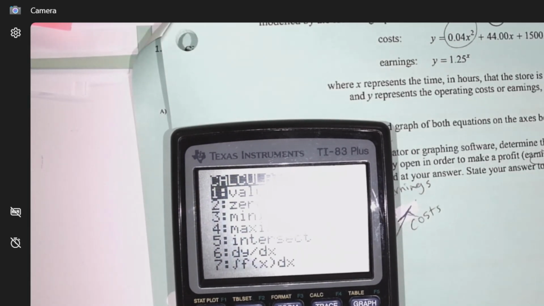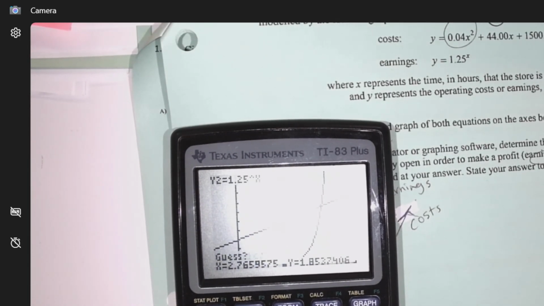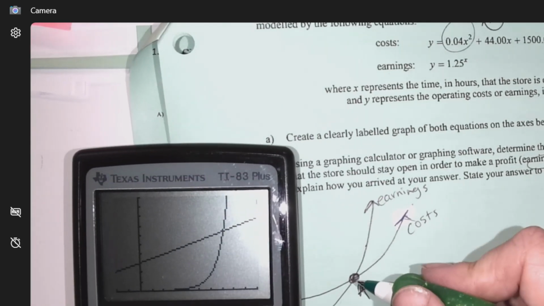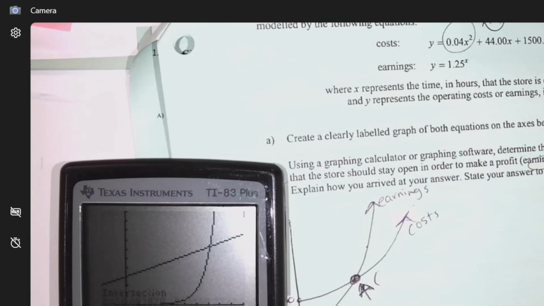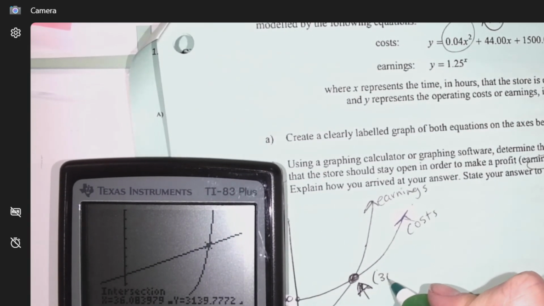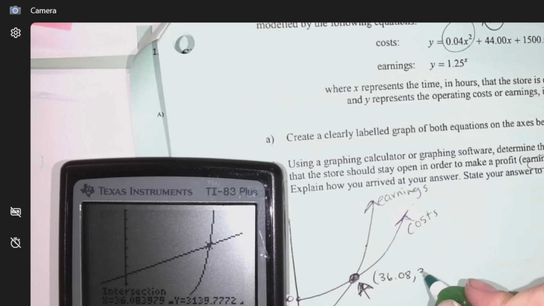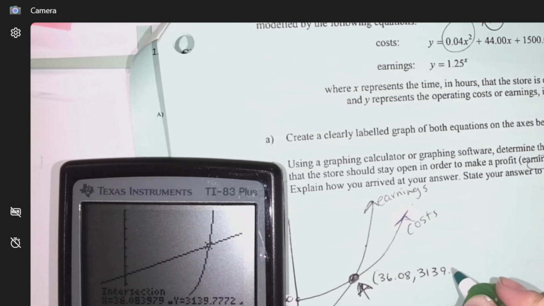Second, calculate. Intersection, enter, enter, enter. Oh, mine is thinking. 36.08, comma. You getting something like that?